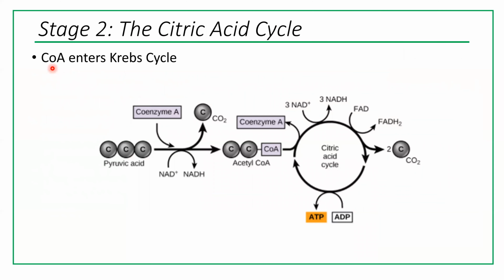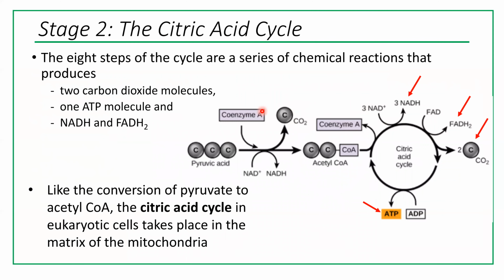Now, acetyl-CoA enters the Krebs cycle. So here's pyruvic acid, acetyl-CoA, and finally this is the Krebs cycle. The Krebs cycle is a complex set of chemical reactions involving different enzymes. We are not going into details. We're just going to look at the basic outcome.